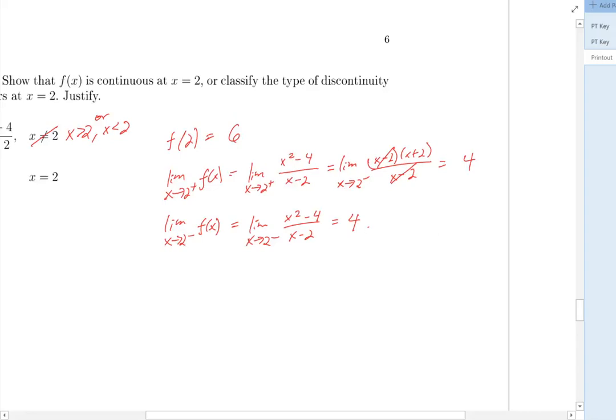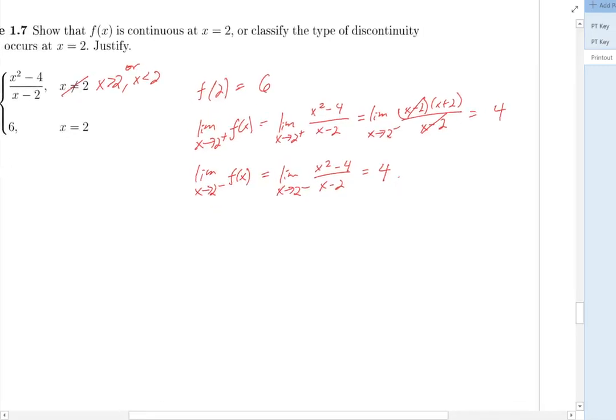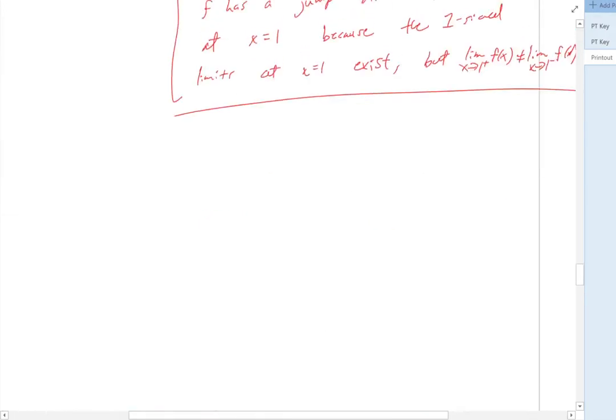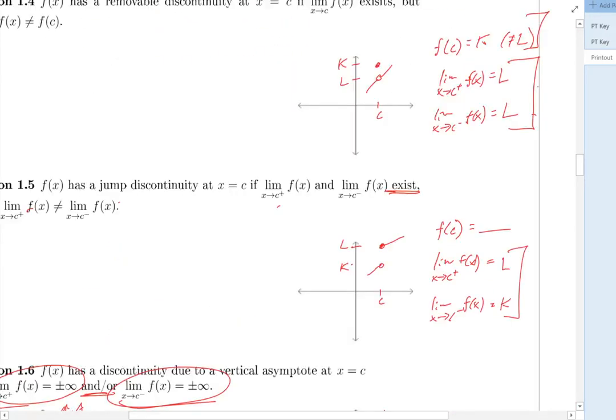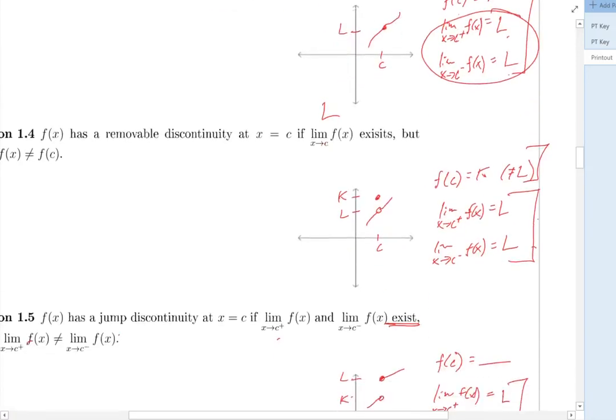Now, what is this? What type of discontinuity is this? They're not all equal, but the limits are equal. What is that going to be? That's going to be a removable. So for a removable, you can't just say, well, the limits match, but the function value doesn't. I know that's the way I describe it, but the official definition is that the two-sided limit exists, but it does not equal the function value.